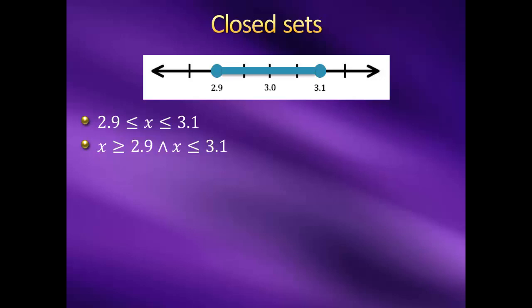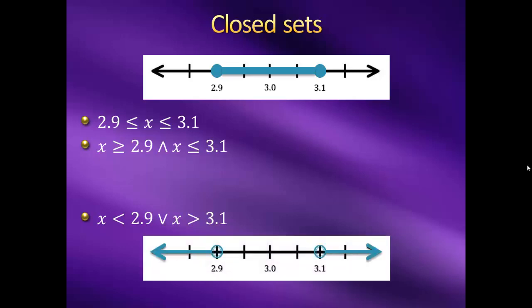So by De Morgan's laws, remember those? The complement of this interval should be the set of all x such that x is less than 2.9 or x is greater than 3.1. That's a union of two open sets, so it's guaranteed to be open as well. So since the complement of the interval from 2.9 to 3.1 inclusive is open, we verified that that interval itself is in fact closed.